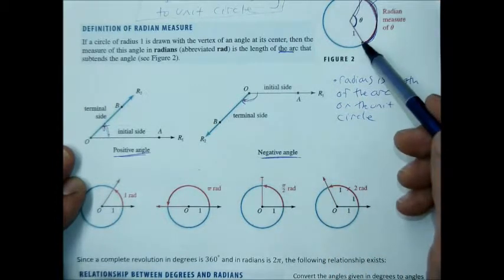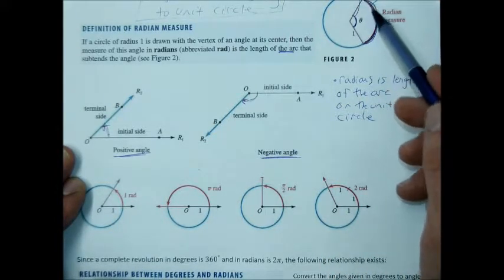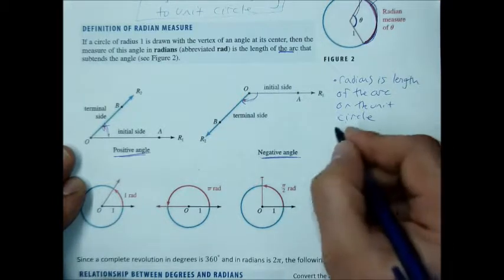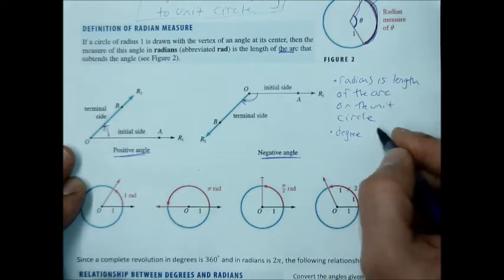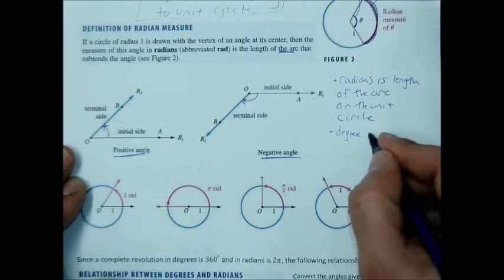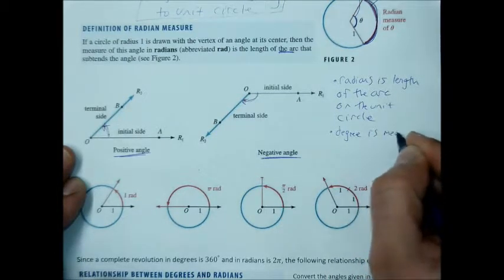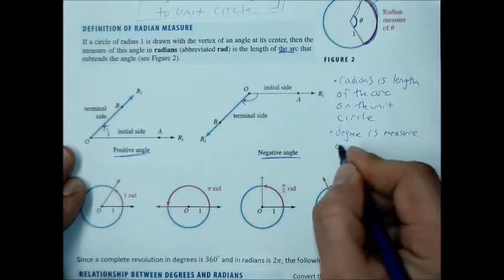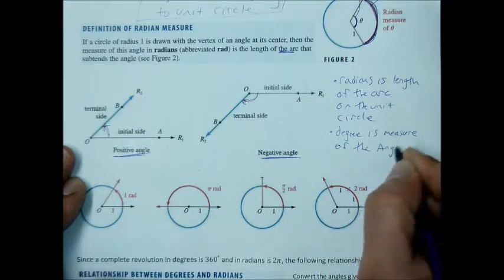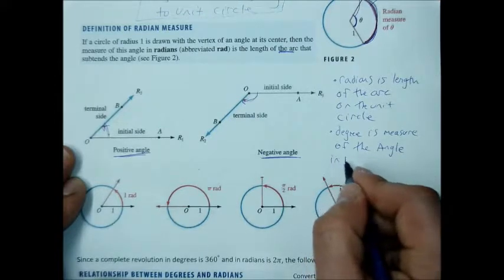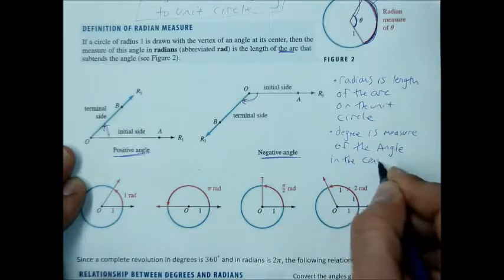Okay, just like we just said, it's the length of the outside of the unit circle. That's the arc. And degrees is the measurement of the interior angle. So degrees is the measurement of the angle in the center of the circle.